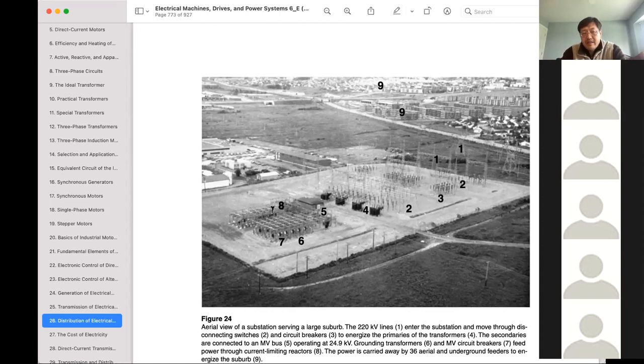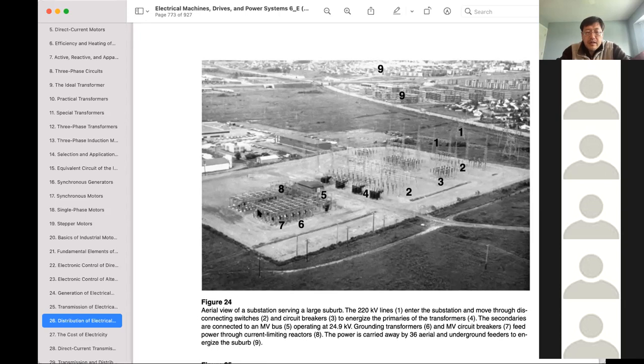If this is Shenzhou, for example, that will be the high voltage power arriving at Shenzhou, and on the other side will be the medium voltage going to different neighborhoods, all different customers. In this particular example, they have 36. Out of 36, 30 are used, 6 as a backup. So there are 6 medium voltage outlets as backup.